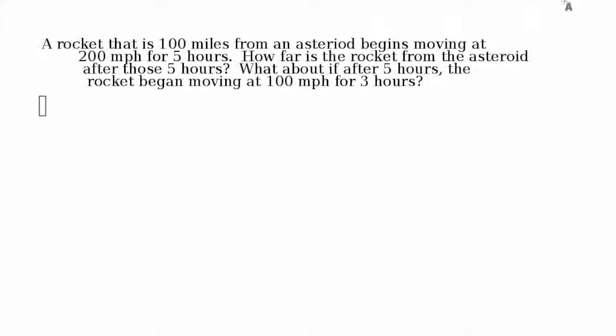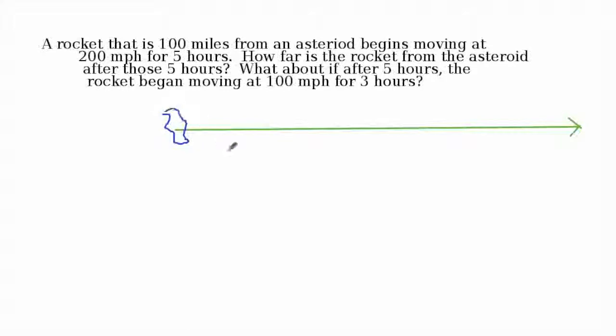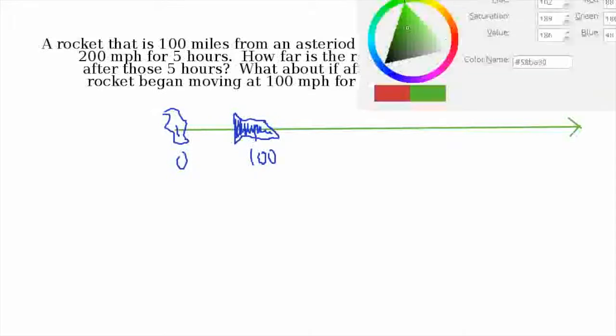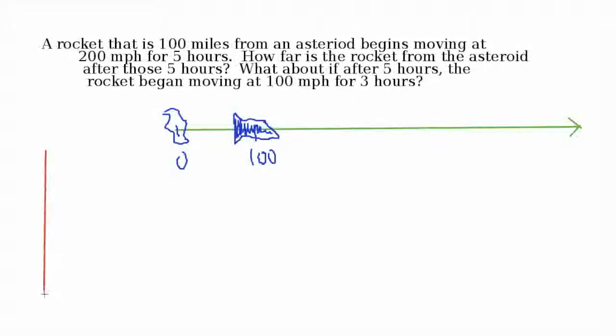So you could think of it like if we had an x-axis and the asteroid, let's say, is at the origin. Here's the asteroid. So here's 100, and that's where our rocket is at time 0 when we start our stopwatch. Let's see if we can handle this situation, and I will plot the velocity like I did before, and this time it's going to be 200 for 5, and then we got to go to 8.